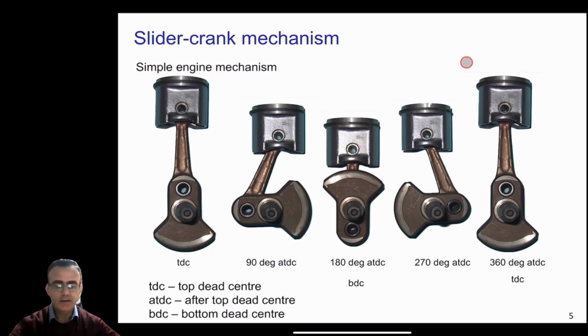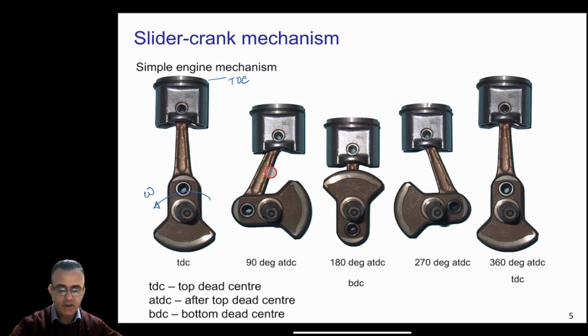Okay, now this diagram here shows how the simple engine mechanism works during its rotation, and also the piston's up and down movement. As you can see in this figure one, the piston is at the top dead center position, and the crankshaft is rotating in this direction, so omega is in this direction here.